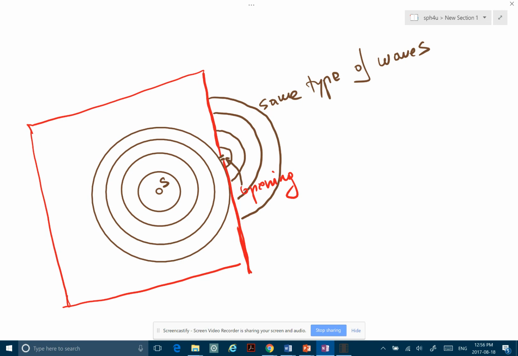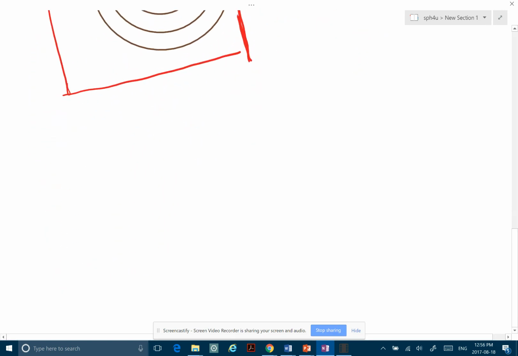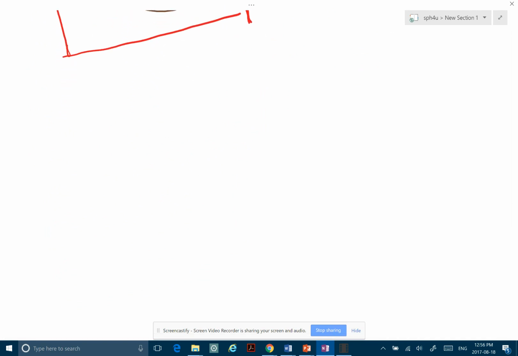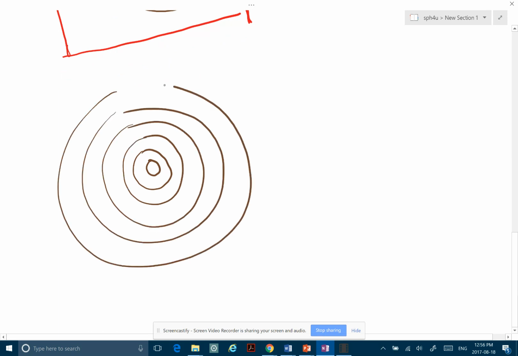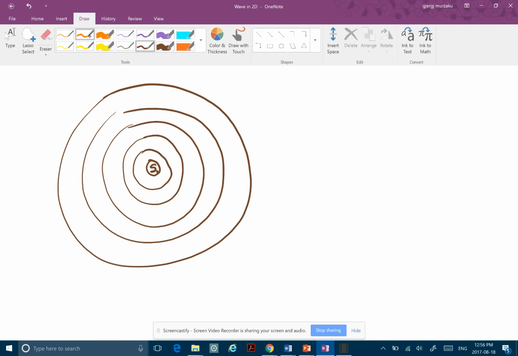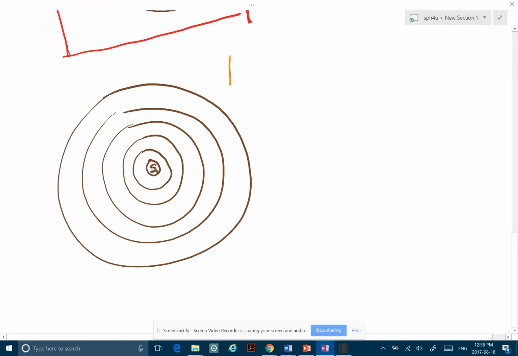Because let's say that we have two openings. So we have a source, here's a source, okay? And instead of one, we'll put a wall that has two openings. So let's put it here.